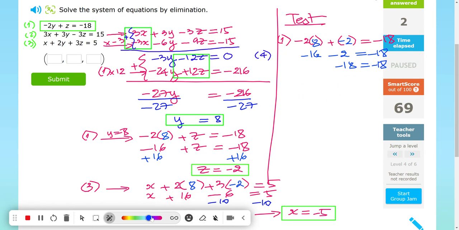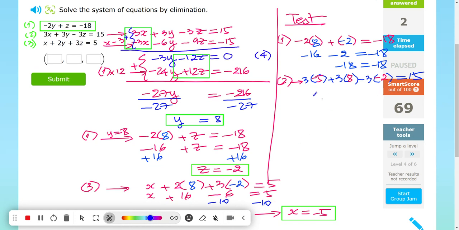Let's substitute one more time for equation number 2: 3x plus 3y subtract 3z equals 15. Substitute x equals negative 5, y equals 8, z equals negative 2.